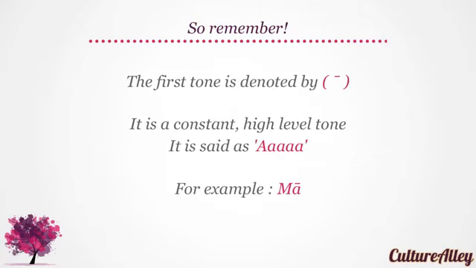Ma. So remember, the first tone is denoted by a straight line over the vowel, or, as we called it earlier, a high bar. It is a constant, high-level tone set as ah. And a good example of this tone is ma.